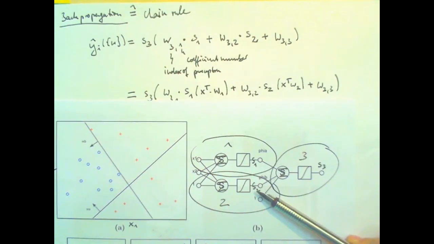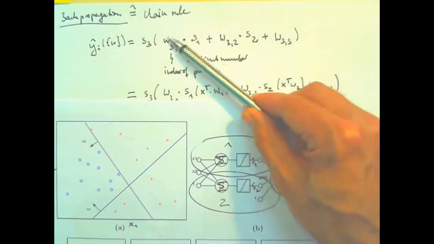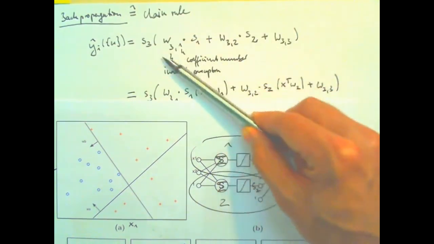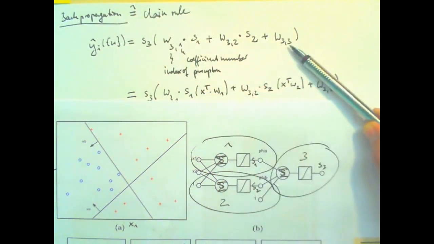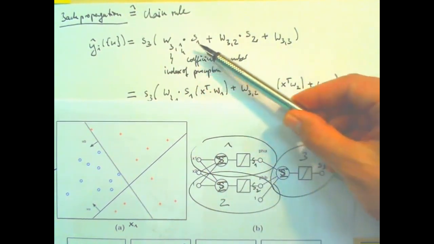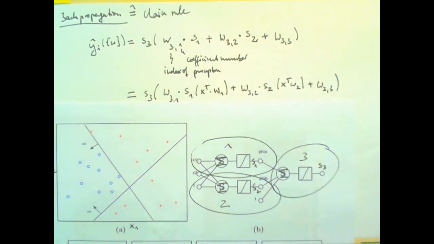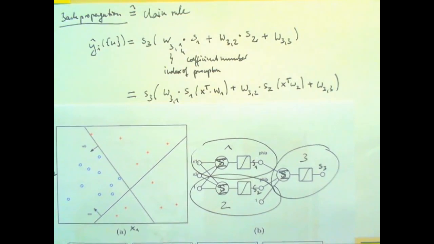So up here, in this expression, I could no longer write X transpose W, but I would have to write something like S transpose W. And this S1 was an abbreviation for what I've written in more detail down here. They are not the same.